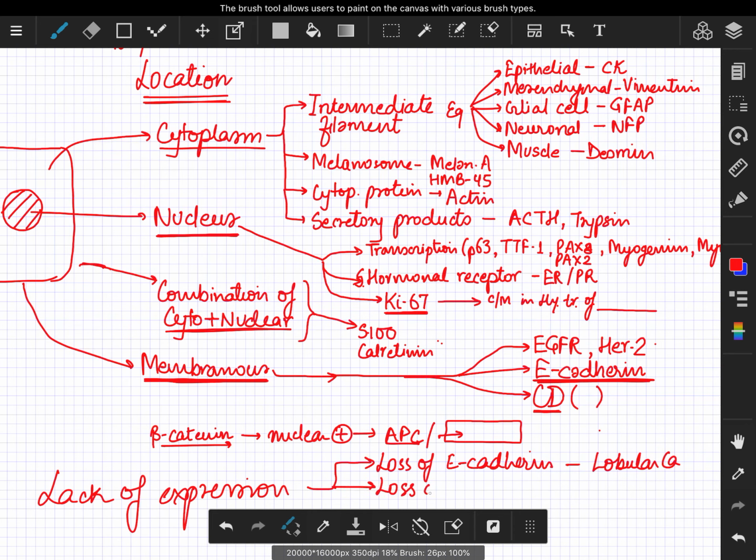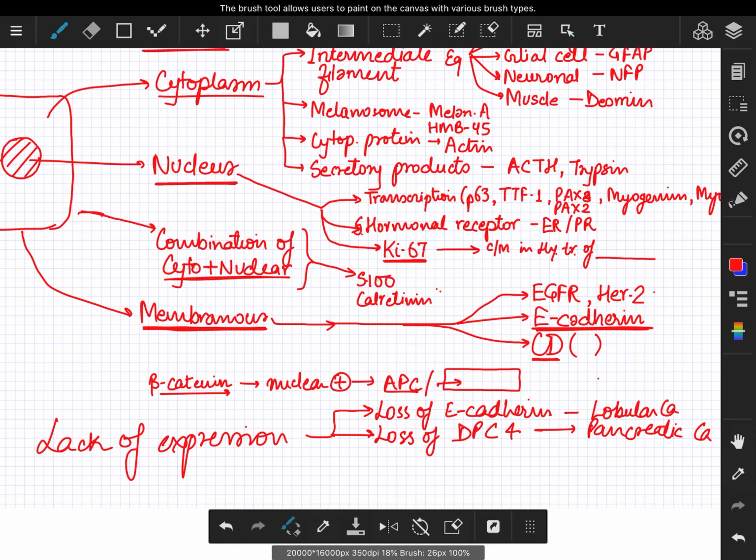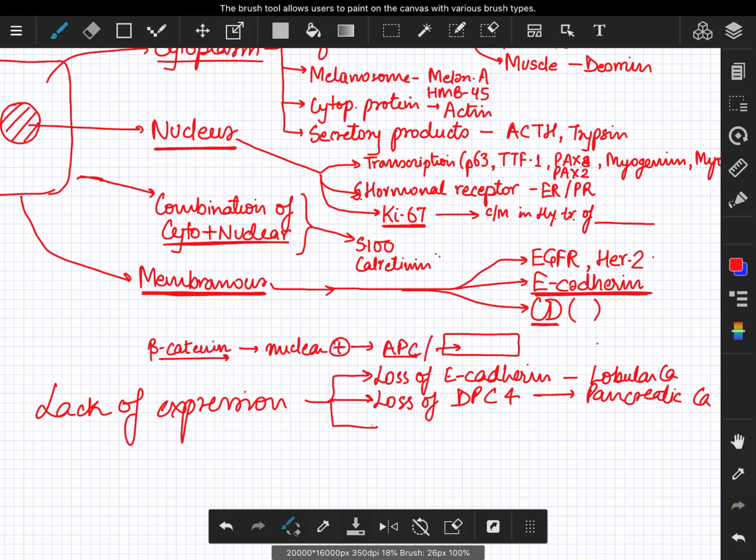Loss of DPC4 is a marker of pancreatic cancer. Any other example? Loss of INI1 in ATRTs or rhabdoid tumors.